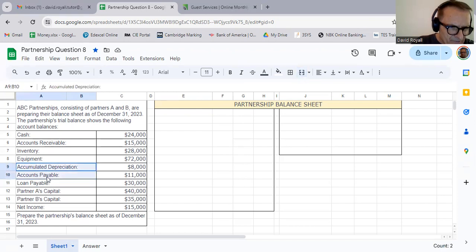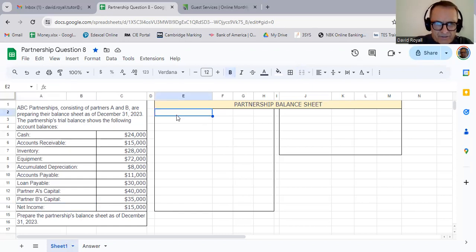So here we've now got the depreciation, quite an important figure, affects your assets and your profit for that matter. Accounts payable, loan payable. So we've got a couple of liabilities there. Capital accounts and a net income.